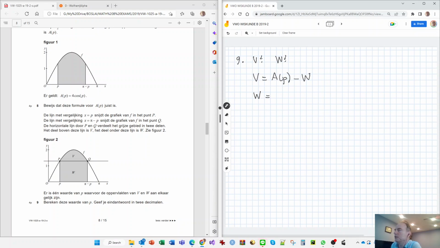That is the length times the height. Well, the length is pi minus p minus p, right? That's this distance here. And you multiply by the height. What's the height? That's just the function evaluated at p, or pi minus p.